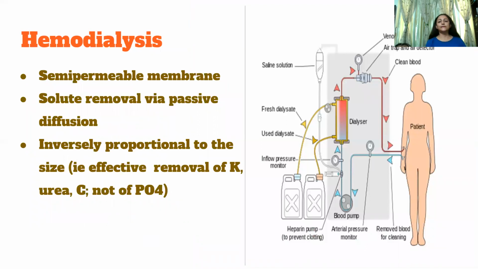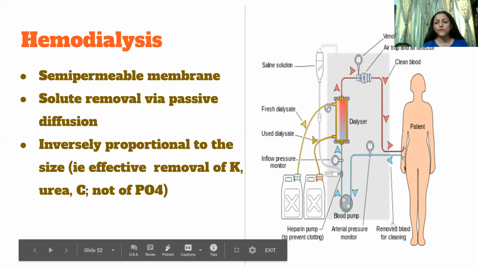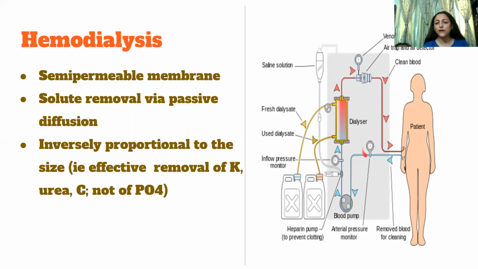So let us see how this hemodialysis works. Here you can see the patient, and this blue line is the blood coming out of the body, that is the blood removed for cleaning. There is an arterial pressure monitor which monitors the blood pressure of the patient.